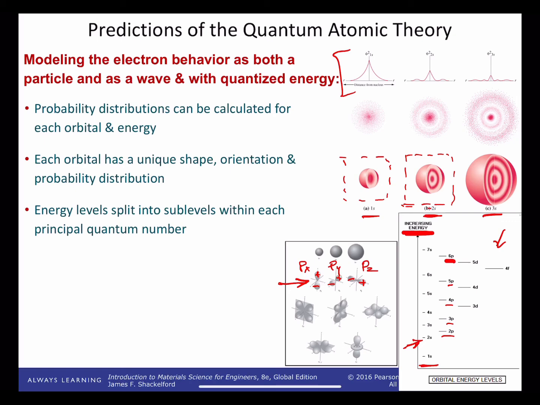The 3d orbitals are the next type, so we only see them starting with principal quantum number 3, and there are 5 options there. They look like double dumbbells, again, where there can be positive and negative phases to these orbitals. And they're rotated again throughout the Cartesian coordinate systems for many of the options.